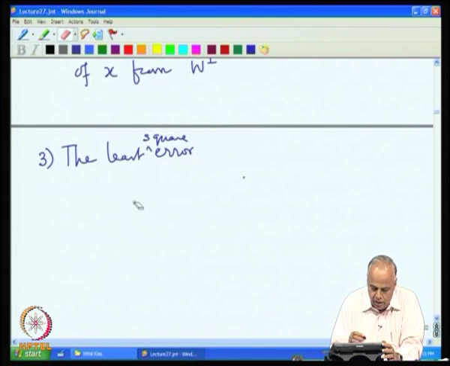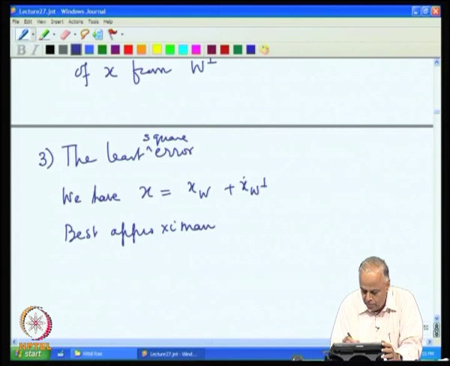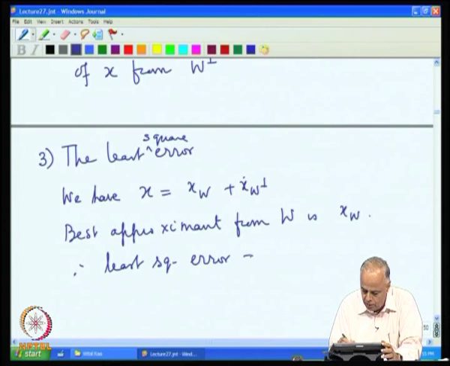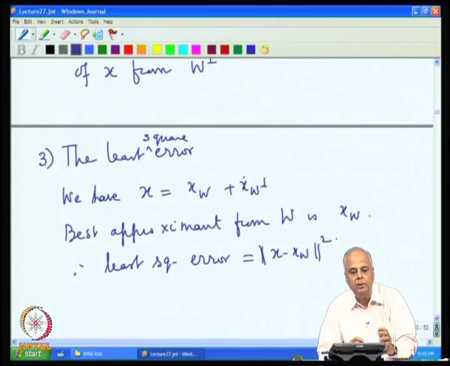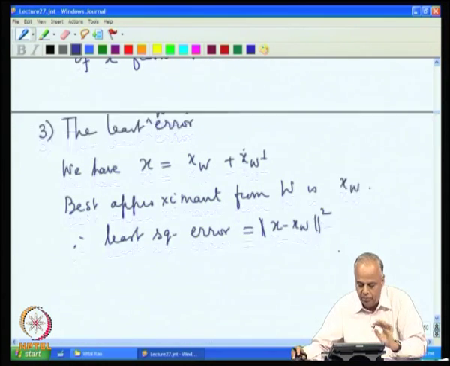We have x is equal to x W plus x W perp, and therefore, the best approximant we have seen from W is x W. Therefore, least square error is equal to norm x minus x W squared, but Pythagoras theorem told us that norm x W squared plus norm x W perp squared is equal to the norm of x squared.